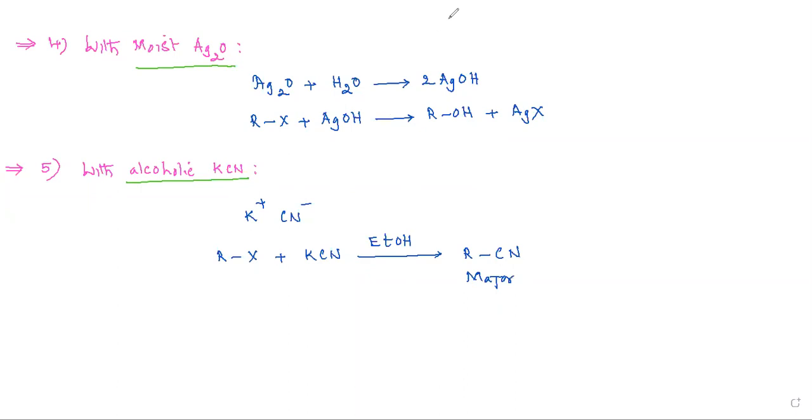Cyanides are major. CN minus replaces X minus, SN2 again. Okay. Cyanides are major, and of course, some amount of isocyanides, minor.